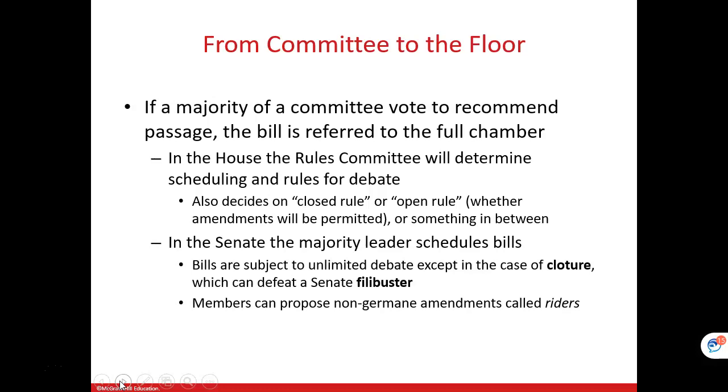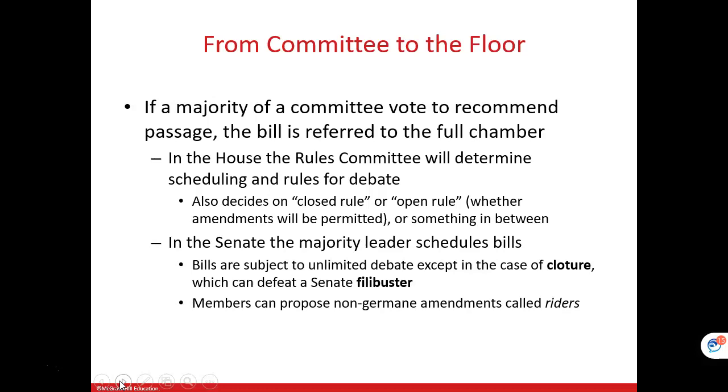If the bill does get a majority vote in the committee, then it goes to the full floor. The House has a rules committee. They decide scheduling and rules. One of the big things that they decide is whether or not it's going to be closed or open. If it is closed, you cannot amend the bill while it's being debated.